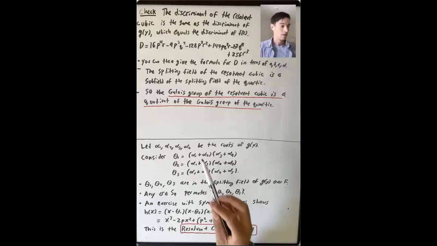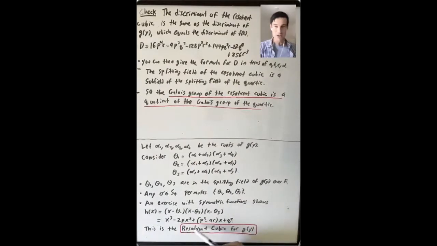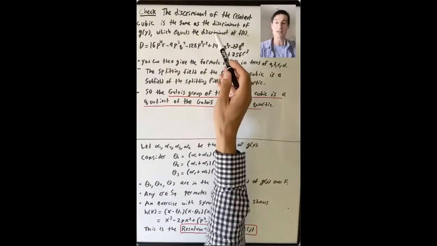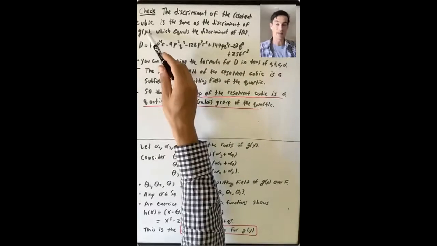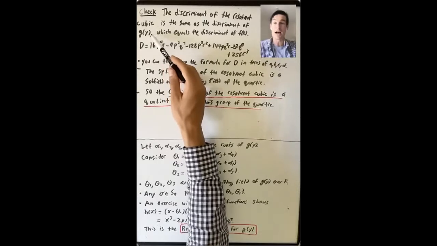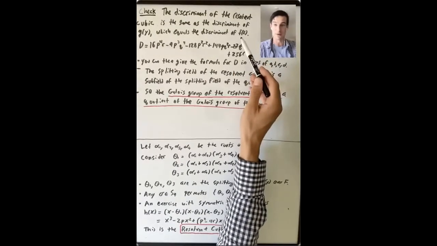Well, one thing that you can check is you can compute the discriminant of the resolvent cubic, and you can compute the discriminant of this quartic g of y, and you can see that they're the same. And one of the things that we said earlier about g of y and this polynomial f of x that we started with is that they have the same discriminant as well.